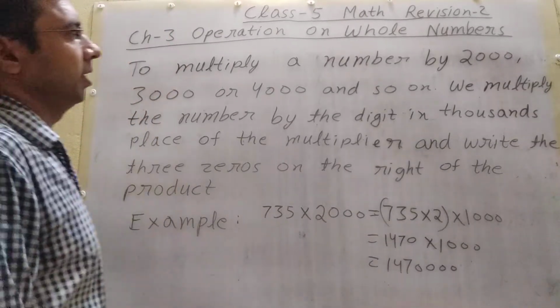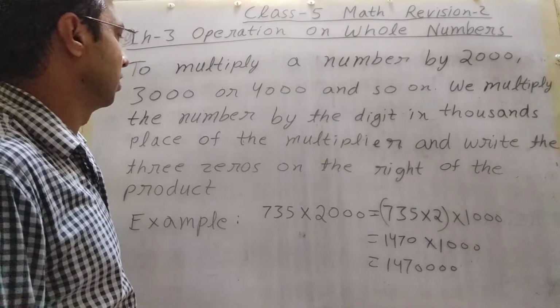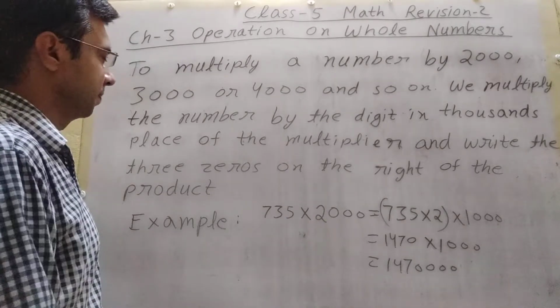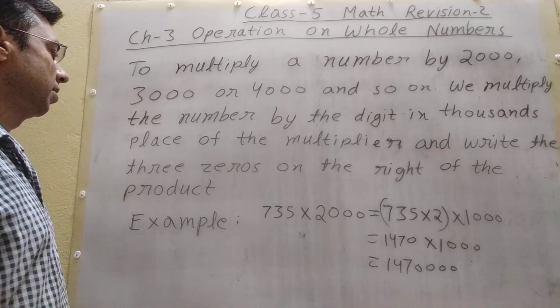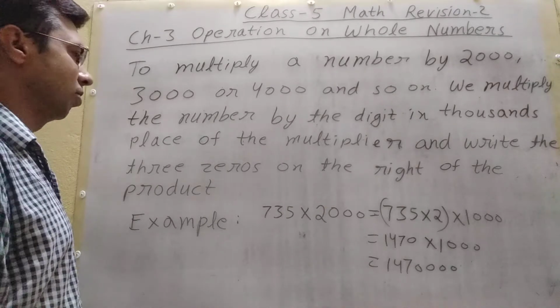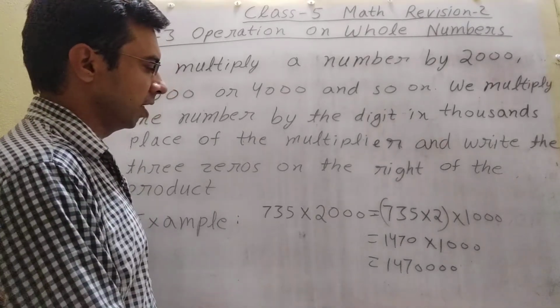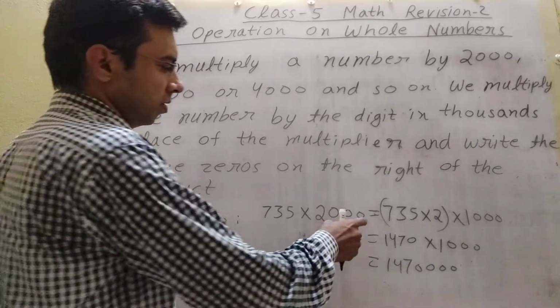To multiply a number by 2000, 3000 or 4000 and so on, we multiply the number by the digit in thousand place of the multiplier and write 3 zeros on the right of the product. So student, see here, 735 multiplied 2000. So what we have to do?